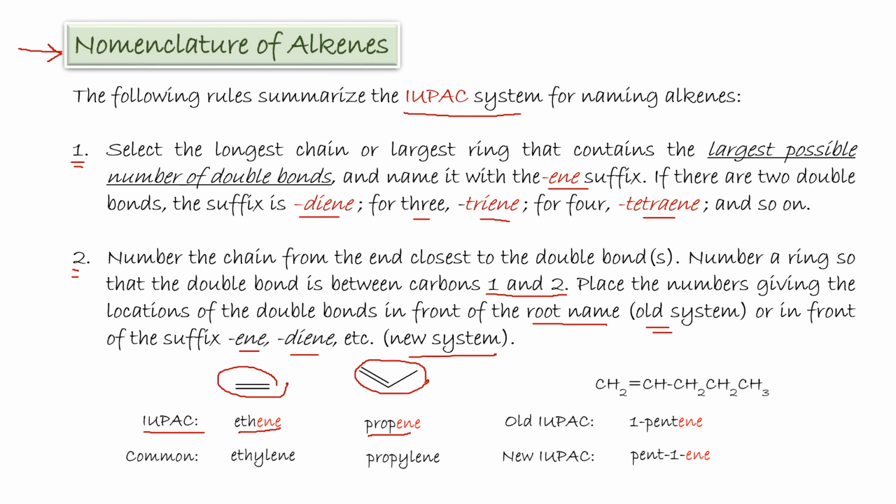In the old system, we put 1 because it's 1, 2, 3, 4, 5, and the shortest would be number 1 to get to the double bond. The old way was 1-pentene. The new IUPAC way is pent-1-ene.